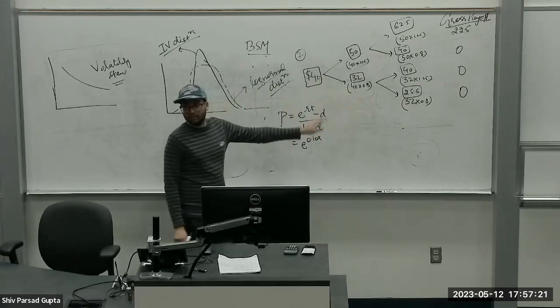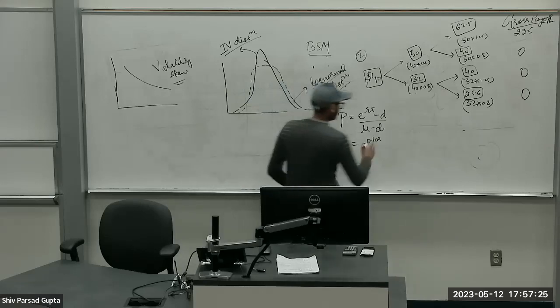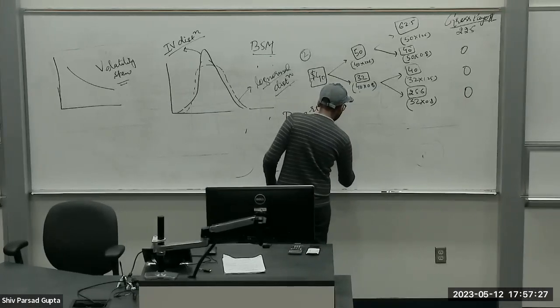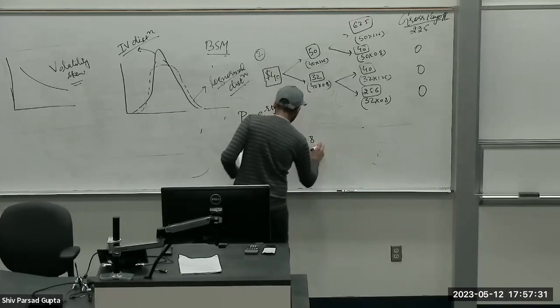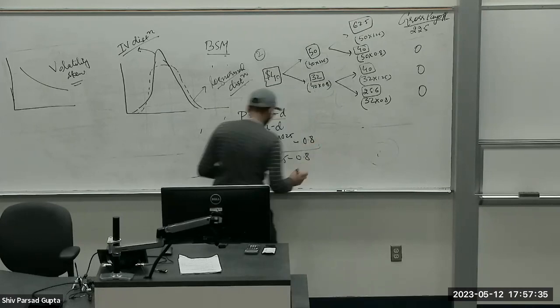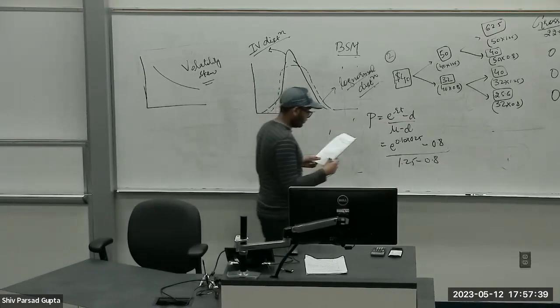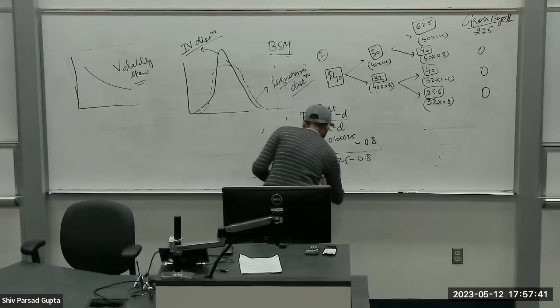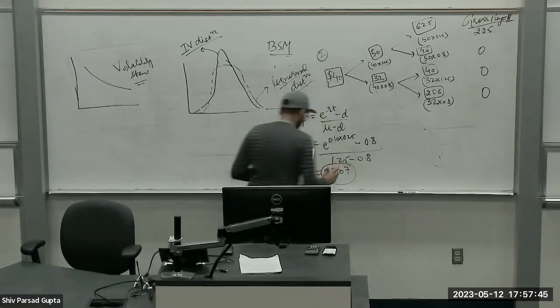Each step is 3 months, so we'll be taking 3 by 12, which is 0.25. So it will be e to the power 0.25 minus D, which we have been given as 0.8, divided by U, which is 1.25, minus 0.8. If you calculate this, you will get 0.5007 for the probability.